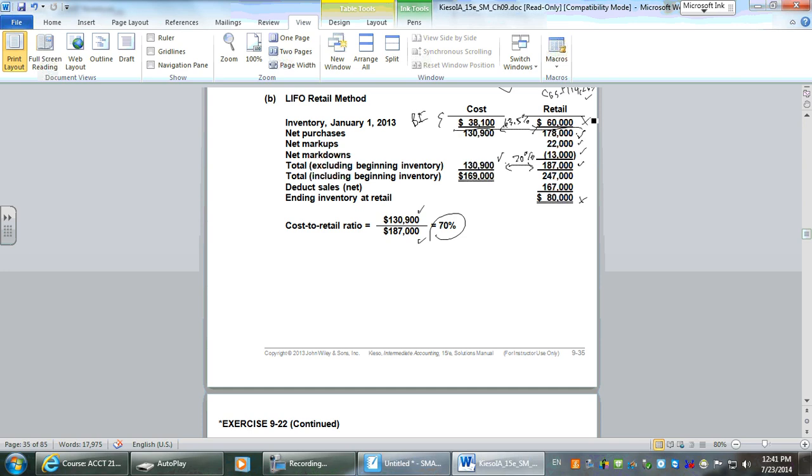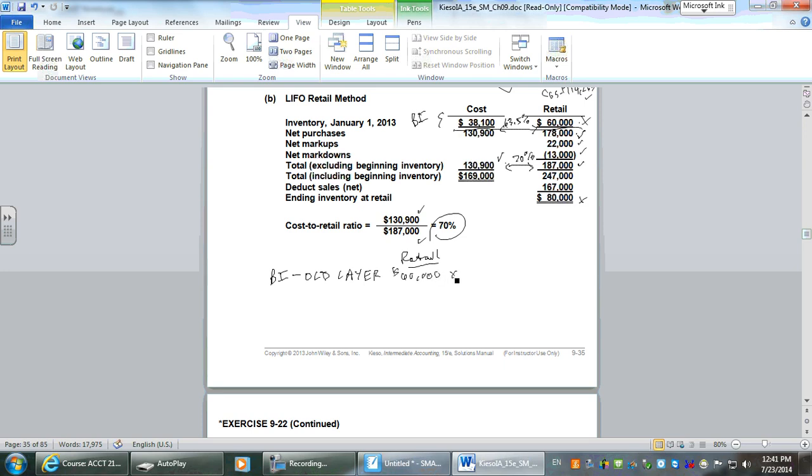That's all. Okay? Do I have a new layer here? Yeah, you've got a $60,000 layer here. Everybody agree? The beginning inventory is the old layer. What I'll do is at retail, it was 60,000.